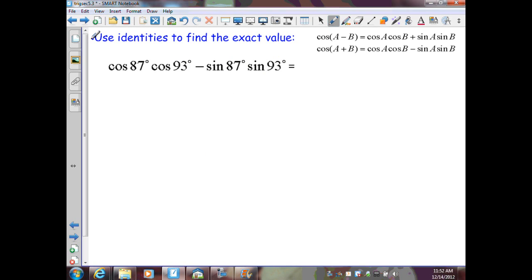Again, I want to find the exact value using identities. Here I'm given an expression that matches one of my sum or difference identities for cosine.